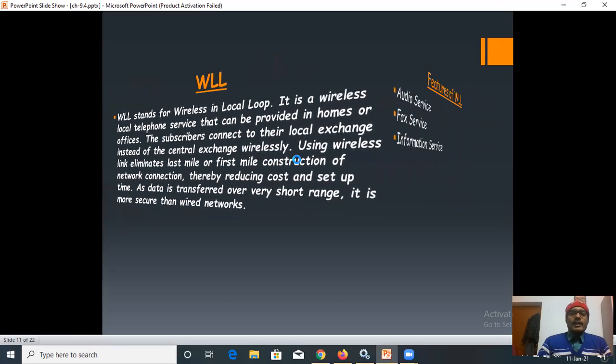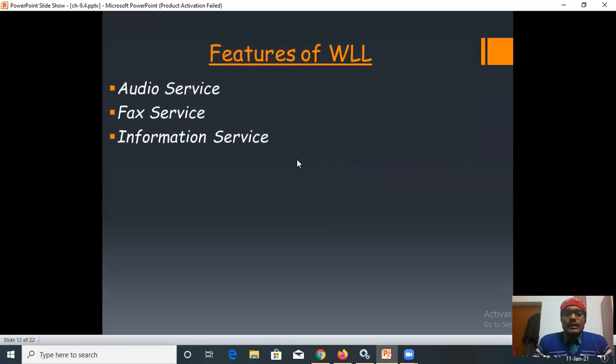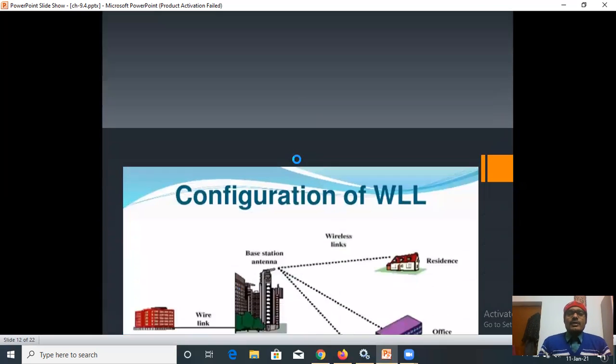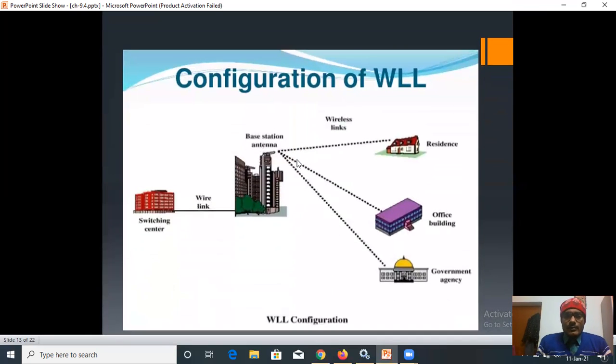Now, what are the features of WLL? It gives audio service, you can have fax service also, and you can have information service also. Information service means you can have the facility of internet. Now, coming to the configuration of WLL, you can see how the residential areas in some rural or semi-rural areas are connected with wireless links to the base station.